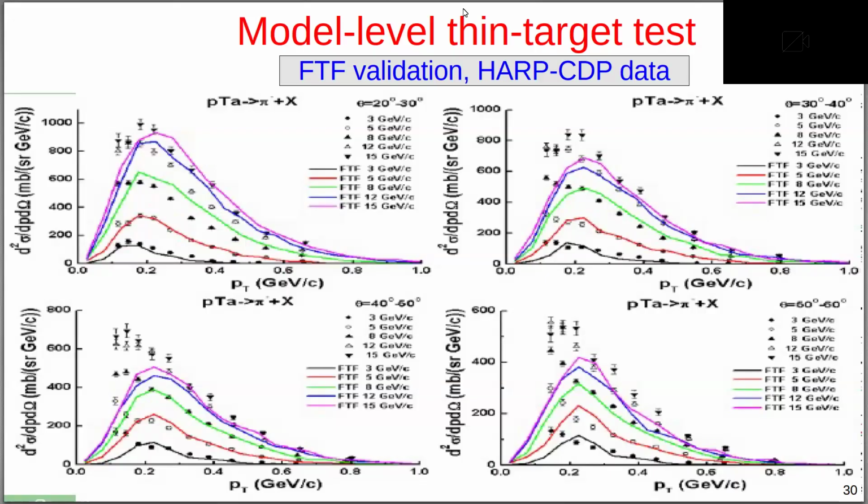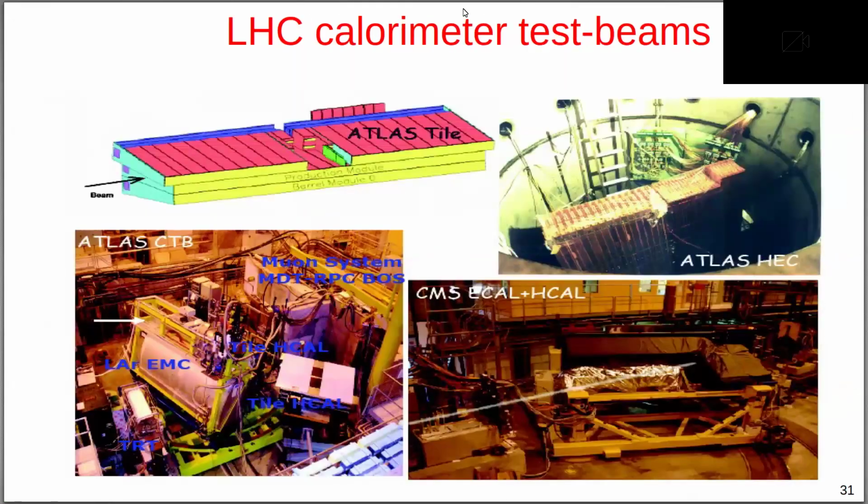And now let me show the validation that the user does, of course, again in the context of high energy experiments. So these are 4 different test beam setups, 3 of them from Atlas and 1 from CMS, made 20 years ago. So what is a calorimeter setup?